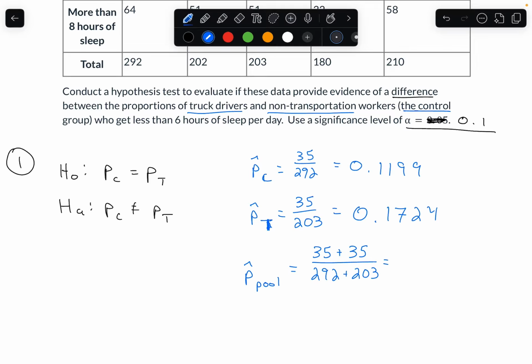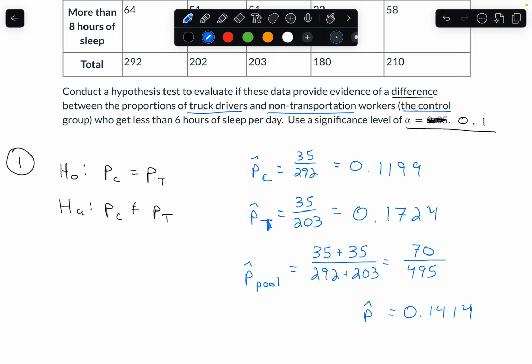So my numerator should be 70, and my denominator, 292 plus 203, I end up with 495. If I divide those two, 70 divided by 495, I end up with 0.1414. So there is our P hat pooled, or simply just P hat. So at this point, I've gathered all of my information.